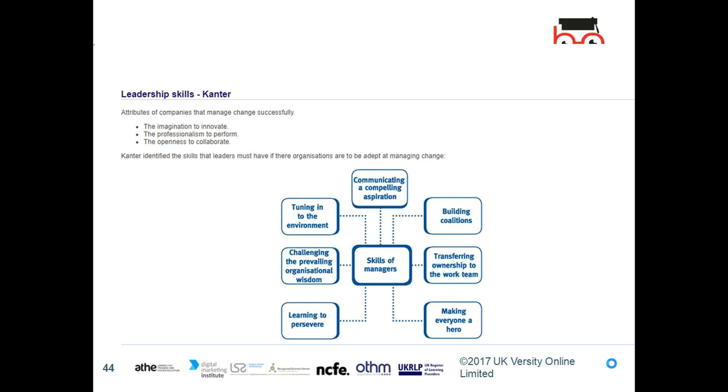No. So 4.1 is all about discussing the force field model of change. In 4.2, you discuss any sort of models of change, of which we discussed a good few.